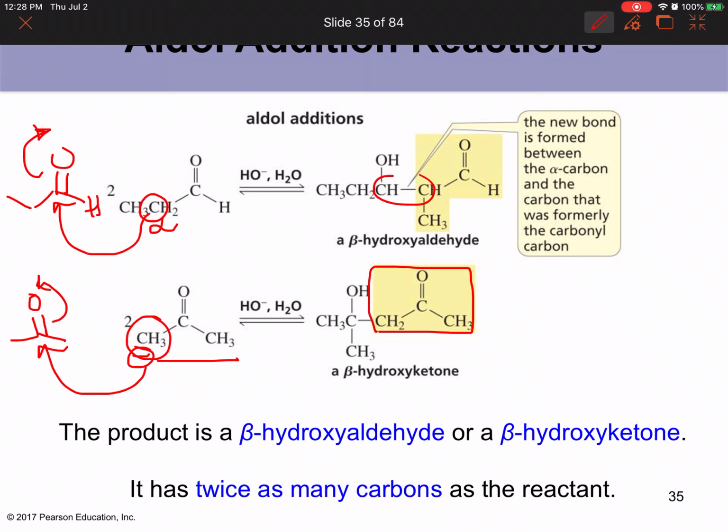So this is from this part over here, and this is the other part, the other molecule. So the new bond is being formed between the alpha carbon and the carbonyl carbon. The product is a beta hydroxyaldehyde or a beta hydroxyketone. It has twice as many carbons as the reactant.